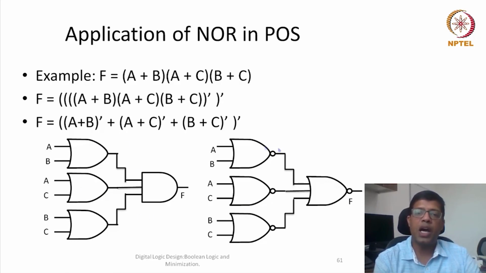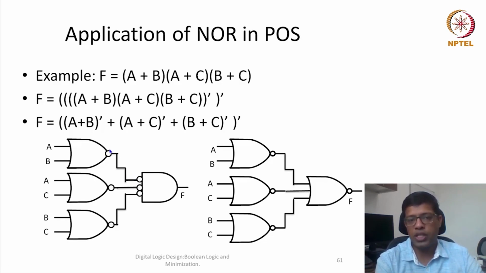These two implementations are essentially equivalent. The first implementation uses OR gates and an AND gate, while the second implementation uses only NOR gates. Similar to the NAND gate, this can also be understood by putting two inverters on these wires, and the implementation is similar.